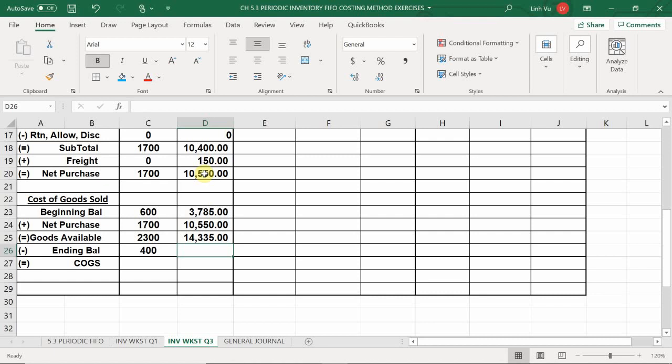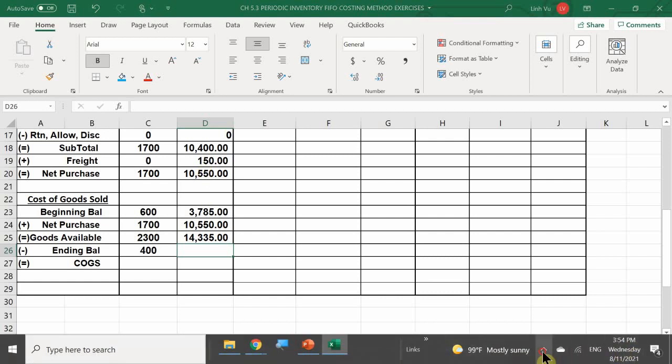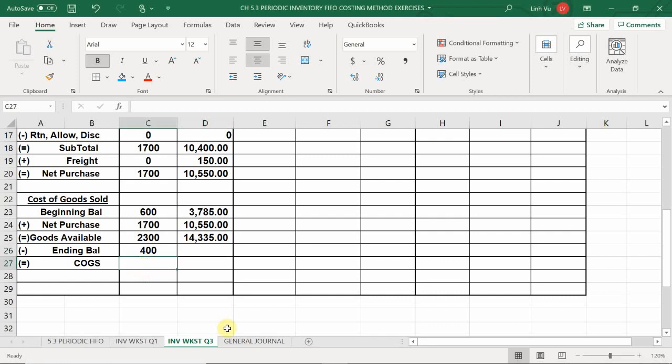Let's start off. Which batch of inventory am I going to sell first? The 600, that whole entire batch. We know we're going to get rid of both of those batches. So 600 from our beginning inventory goes first. I'm going to sell my first 100 and then my 500 later.